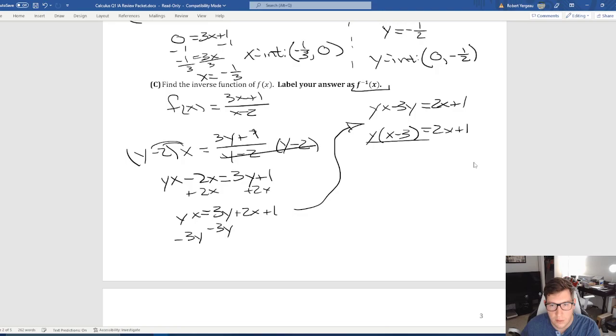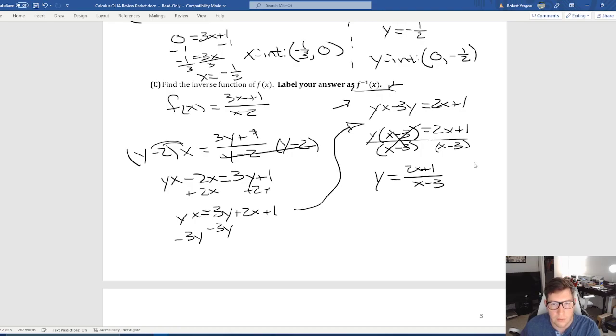The reason I do that is because now I can divide by this whole x minus 3 term on both sides. On the left, this is going to cancel, and we're going to be left with y is equal to (2x plus 1) over (x minus 3). And it looks like we're done. But remember, we still have this lovely piece.